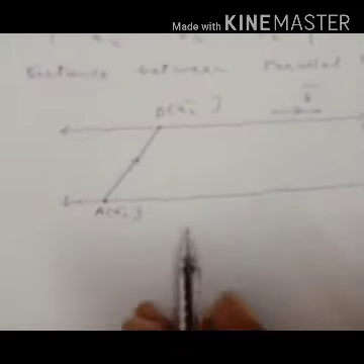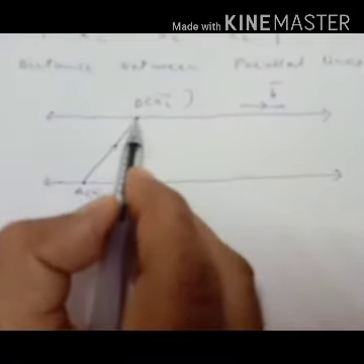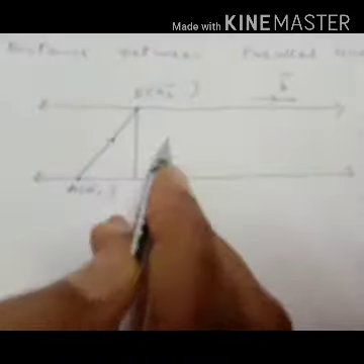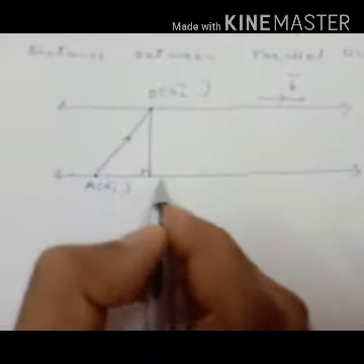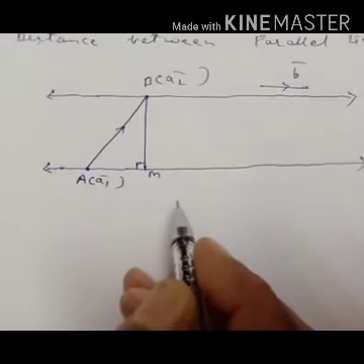We have to find the distance between parallel lines. For that, from point B, draw a perpendicular to the other line. Suppose point M is the foot of the perpendicular.